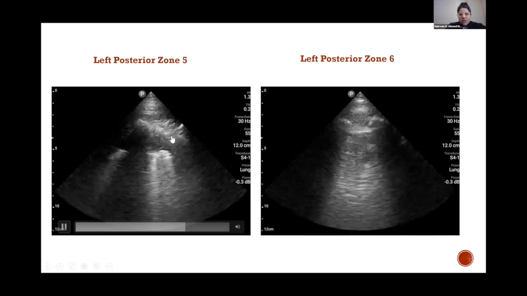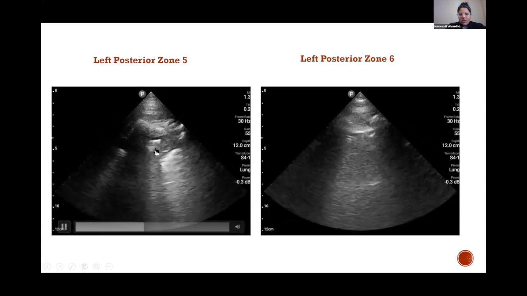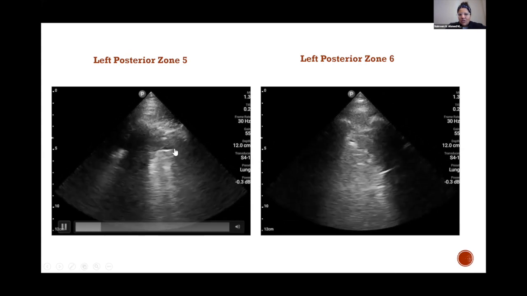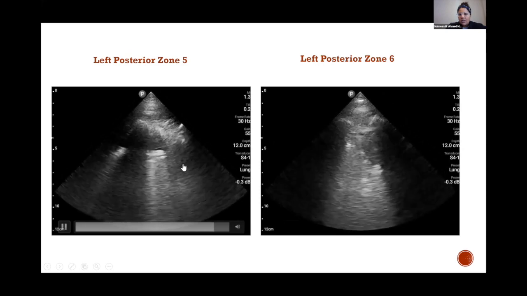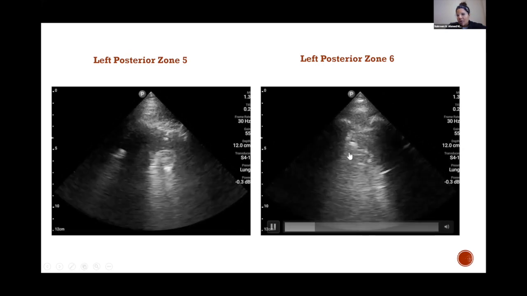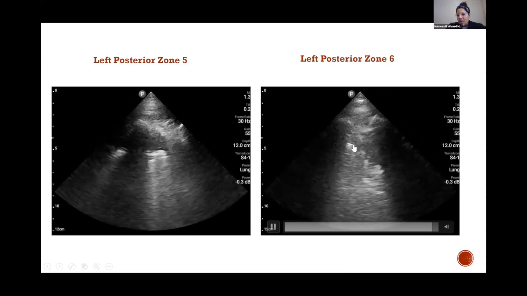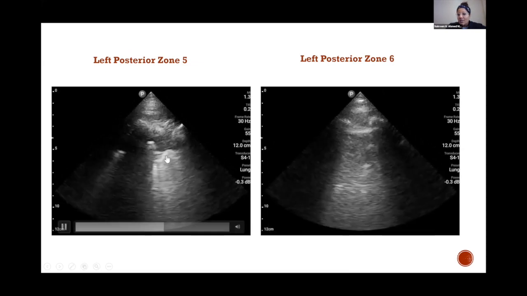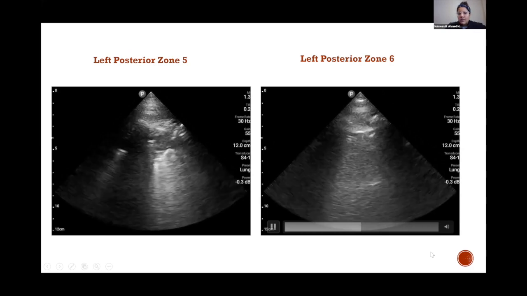Again, here you're seeing a jagged or irregular pleura. You can almost barely see it because it's disrupted by all of this consolidation here. And the same thing on this side, you're seeing a jagged, disrupted pleura with all of this consolidation seen here. Okay, and these are in lung zones 5 and 6, so those posterior lung zones.